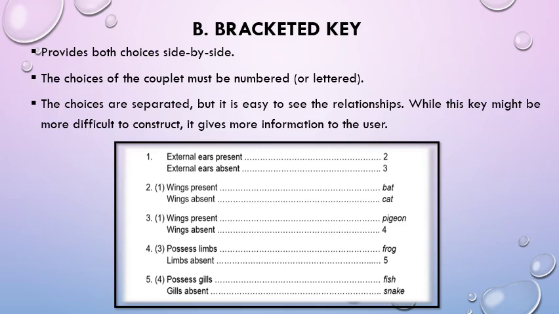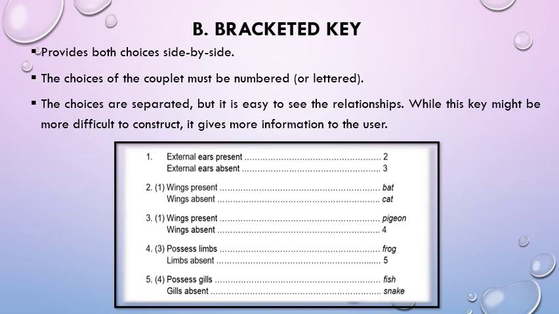Okay, wings present, if the wings are present, then it is a pigeon, and if the wings are absent, then we have to move on to number 4. On number 4 you can see in the bracket 3 is written. It means that this couplet is derived from the third couplet, and it is connected with the third one.